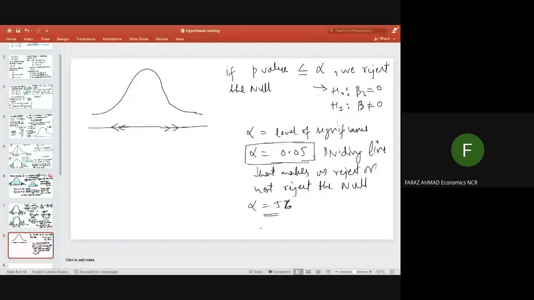Now, alpha is a predefined number. It depends on us, researchers, to decide what alpha is going to be.